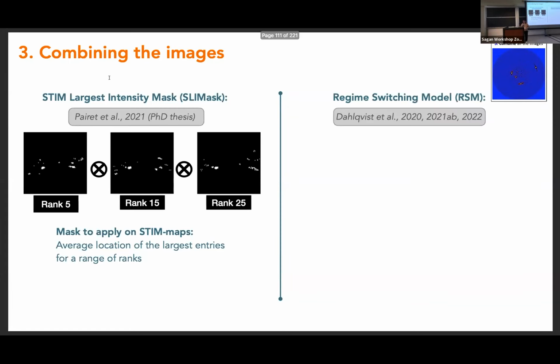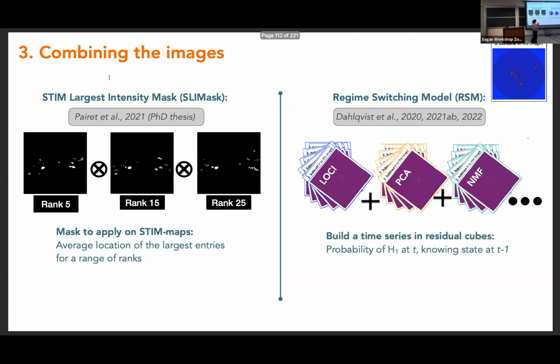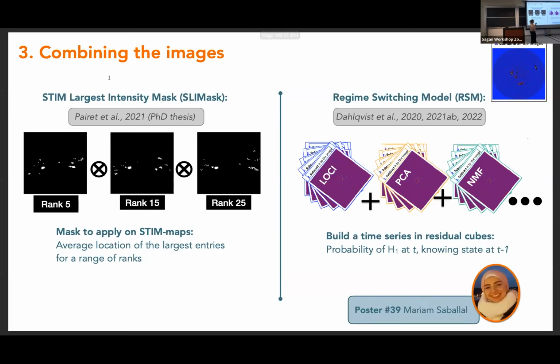Simple works. There is a bit more evolved way, so to say, by Karl-Henrik. It's actually taking the residuals after LOCI, PCA, NMF, and so on, even pairwise subtraction and everything. And that's something you can talk about with Mariam, who is also attending the Sagan workshop, because she's working on that. But it's another way of seeing the problem.